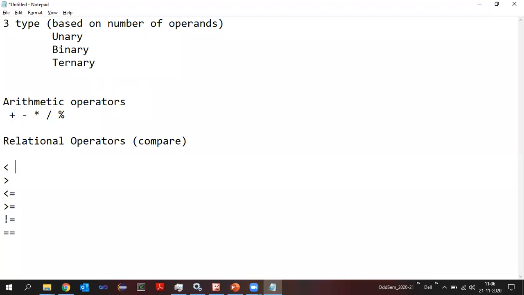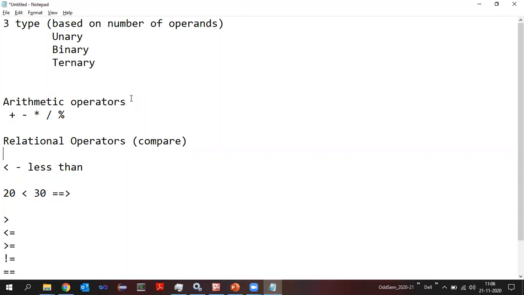We have discussed a few of them, so let us quickly recall all those operators. This is less than. Suppose there are 2 operands, say 20 less than 30. We know what the result of this operation is.